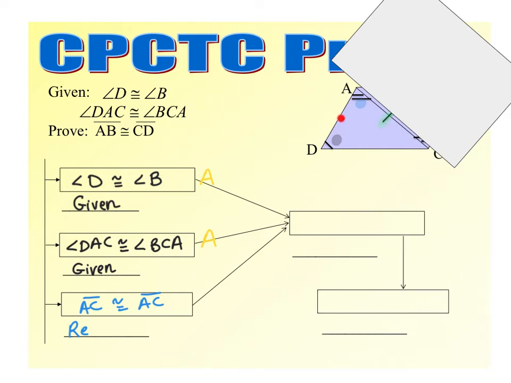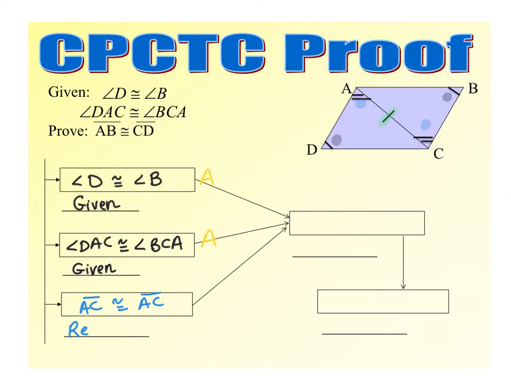The side is not between the two angles, so this is an AAS. So I can prove that those two triangles are congruent using AAS, which is angle, angle, side. Now I have to write a good congruence statement. So triangle DAC should be congruent to, so D, this angle, matches with B. So I have to start with B.